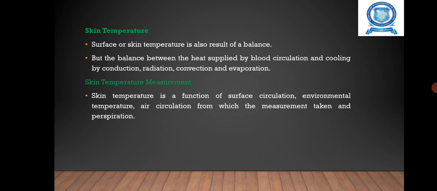Here the systemic temperature remains very constant throughout the body. Skin temperature measurements are frequently made by using small flat thermistor probes. The human skin has been found to be an almost perfect emitter of infrared radiation. It is measured by a device called an infrared thermometer.